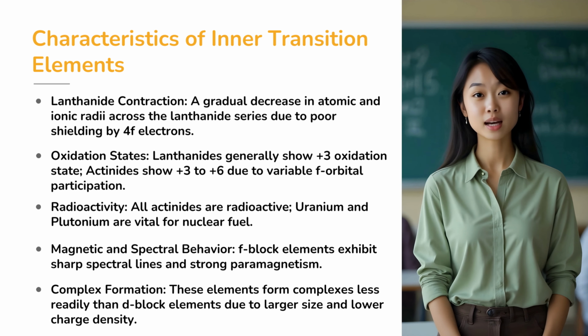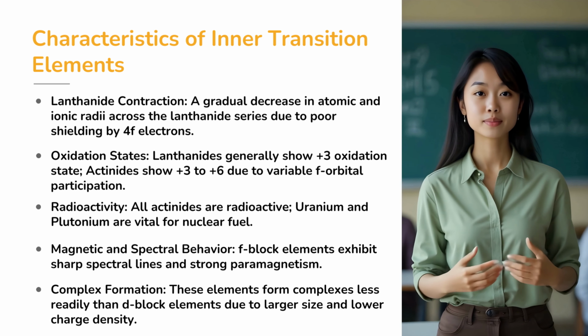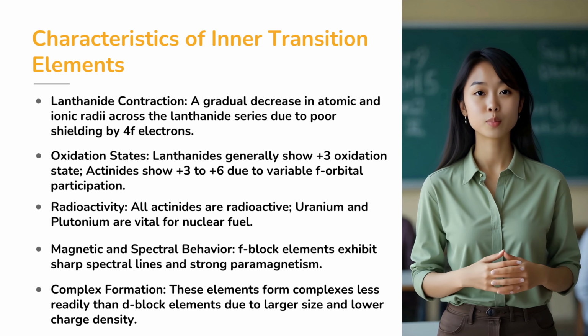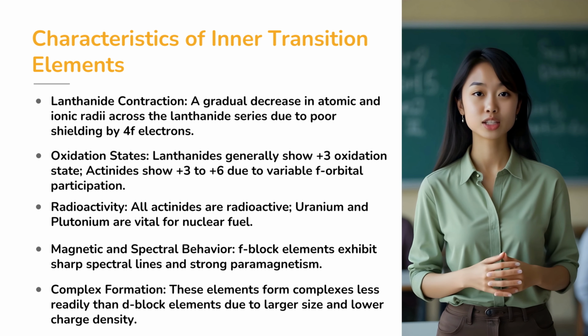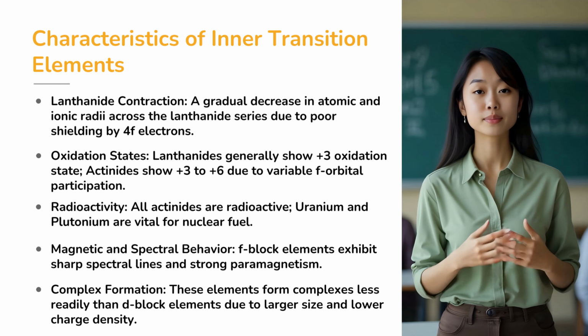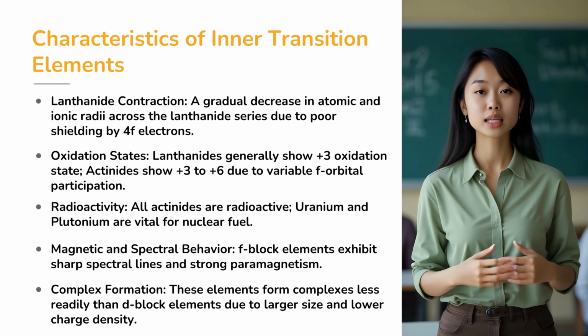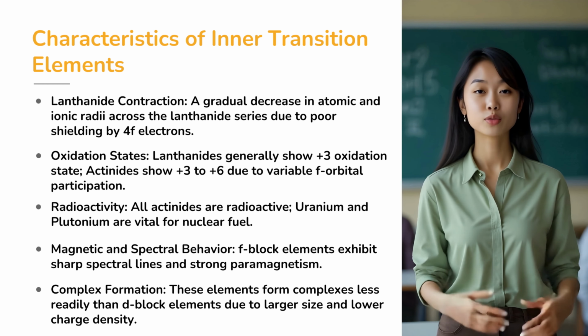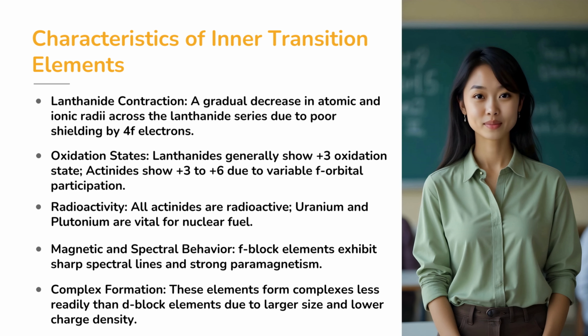Moving on to actinides, the heavyweights. All of them are radioactive, and their chemistry becomes more complex with variable oxidation states, often ranging from +3 to +6. Elements like uranium and plutonium are the backbone of nuclear power generation.